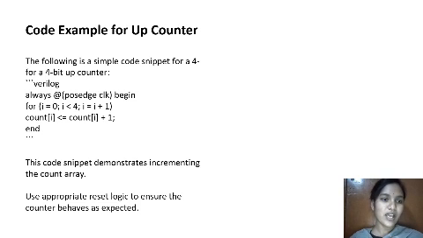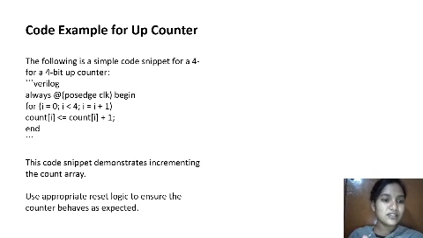In Verilog, we give input and output, and the next step is always at posedge clock. Then begin, the for loop starts. Here the condition is taken that i equals 0 initially and the condition is i less than 4, and the next step is count of 0 less than or equals to count of i plus 1. After applying this, i is incremented by 1, that is i equals i plus 1.